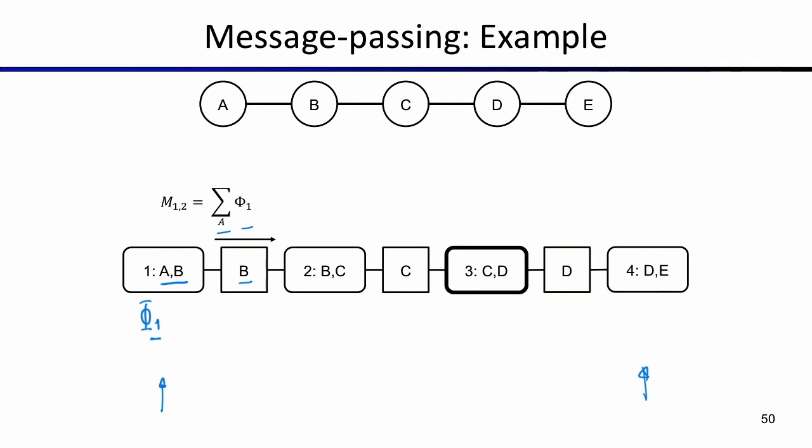And when cluster 2 gets its message from cluster 1, it can send a message to cluster 3. And what's going to be this message? It's going to be a message in this direction here. It's going to be the message from 2 to 3. So we're going to use this notation. Remember that cluster 2 is defined over variables b and c, but the separator is just c. So we can eliminate the variable b.